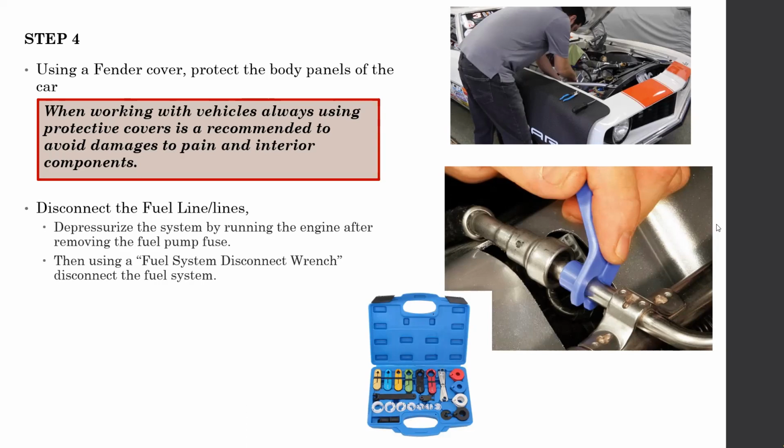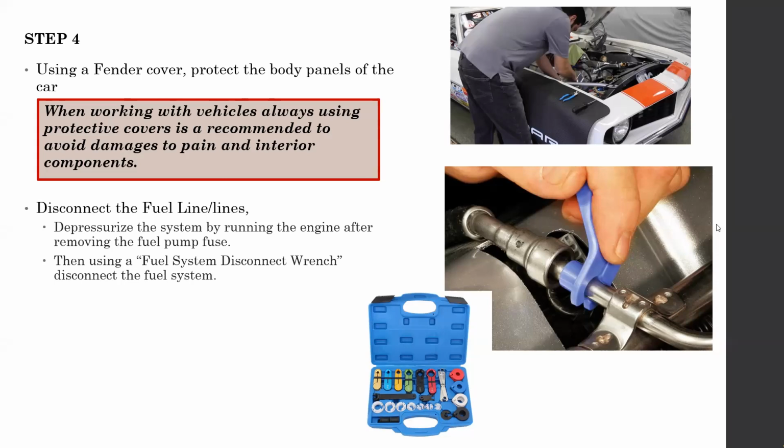If the vehicle was made in the 1980s or early 1990s, the fuel lines don't have any special disconnectors, and you can remove them very easily using common hand tools.